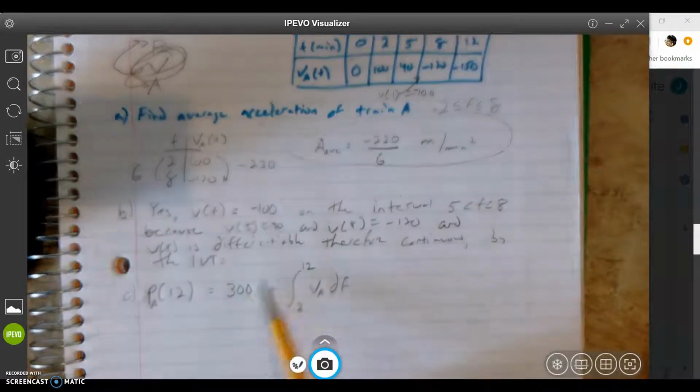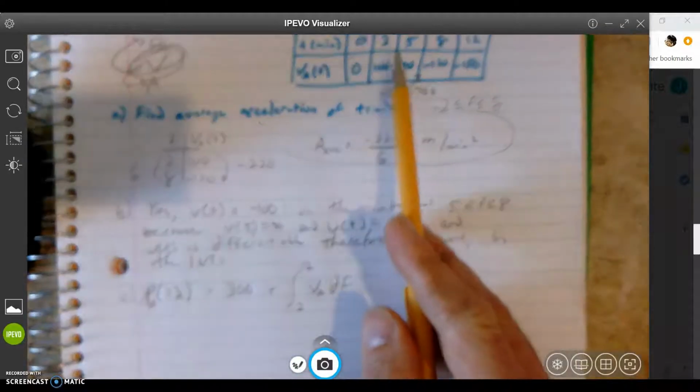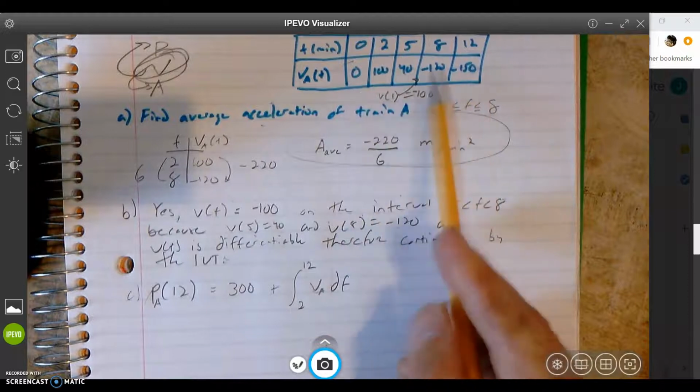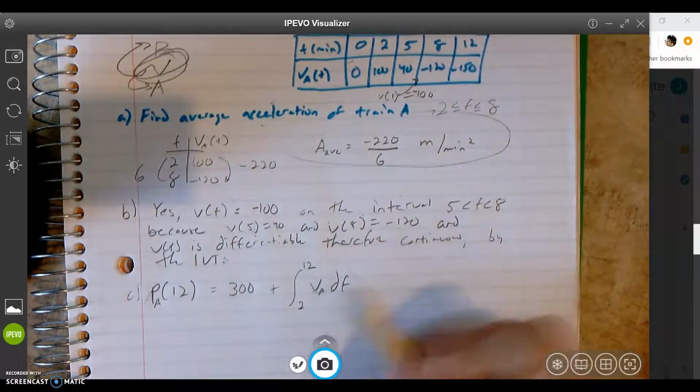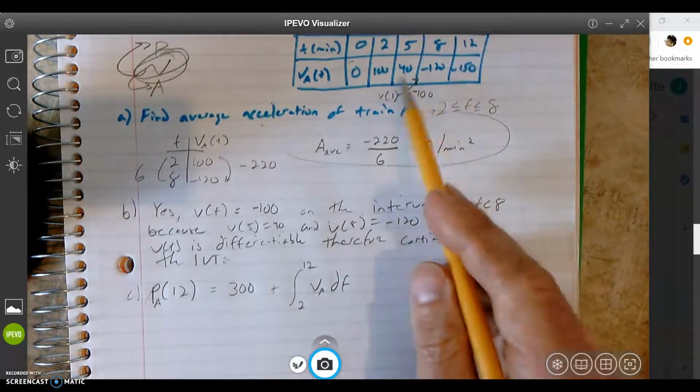So it already starts 300 to the east, plus now it's going to move around between 2 and 12, and it's going to move to the east and the west and east and the west. So this is just the accumulated position after it moves from the east to the west, however many times it's going to be.